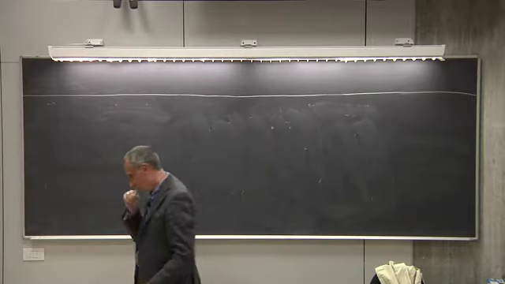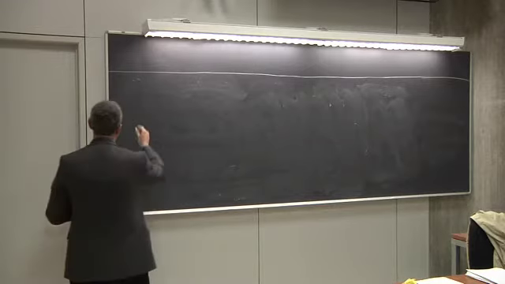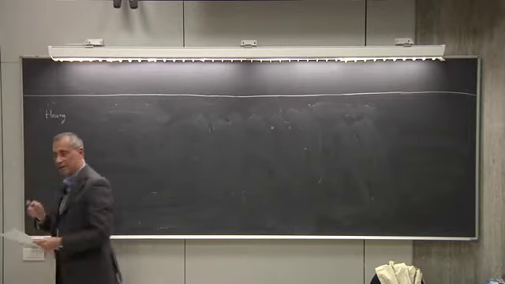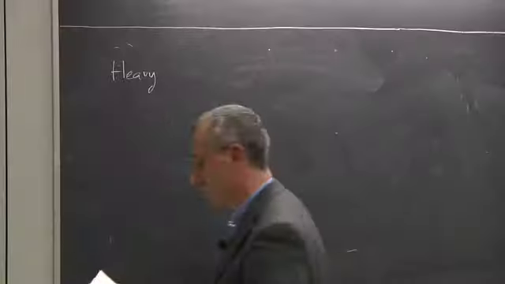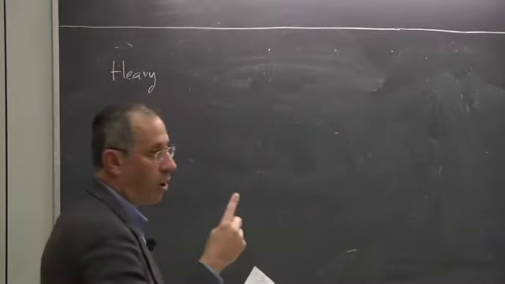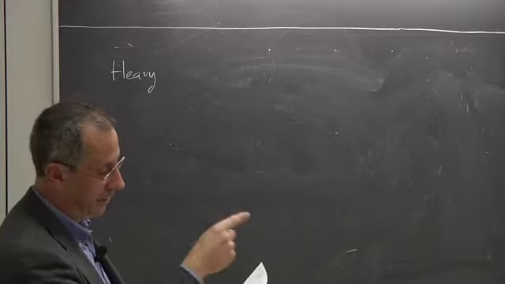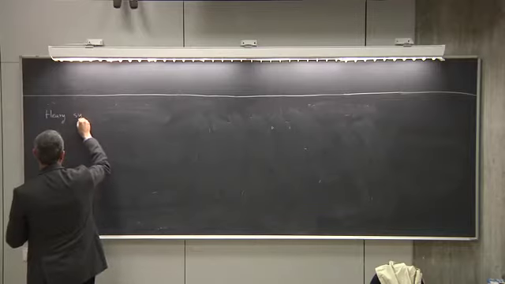Well, we need the Lagrangian. This is called the heavy symmetric top, because we put the spinning top in a gravitational field. And we take a top that is symmetric, that has an axial symmetry.